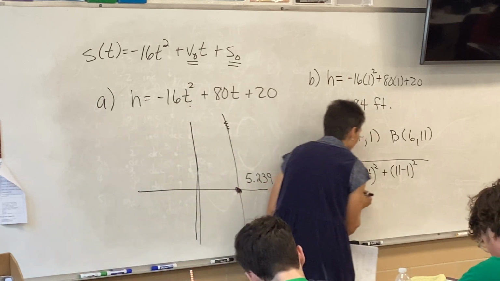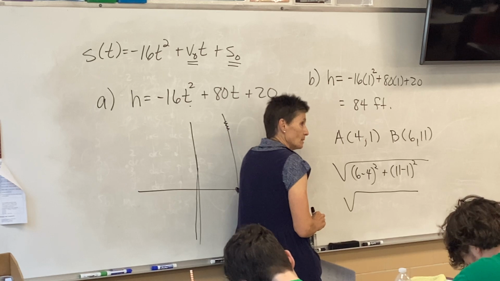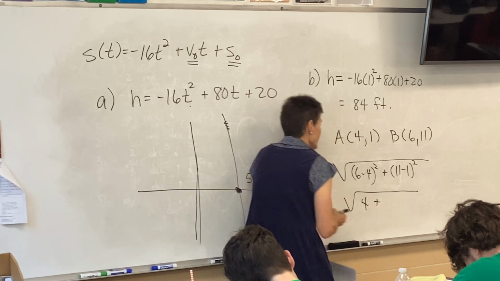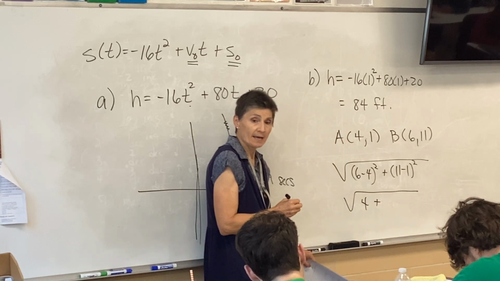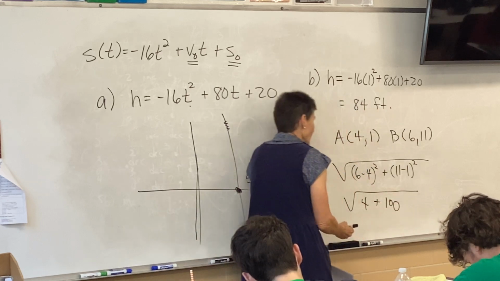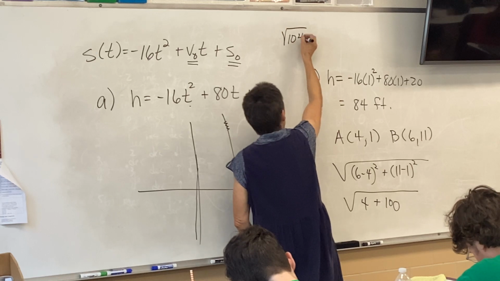All right, now 6 minus 4 is 2, squared is 4. 11 minus 1 is 10, squared is 100. So now I'm going to add those, and I get the square root of 104.